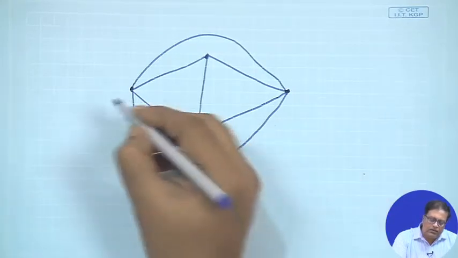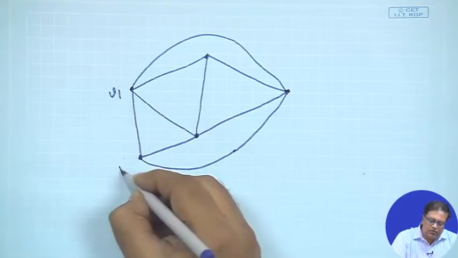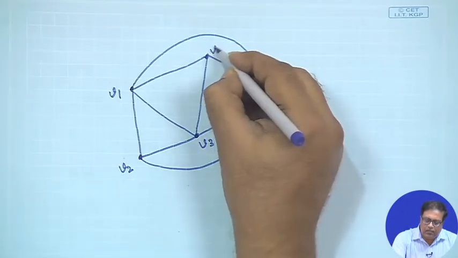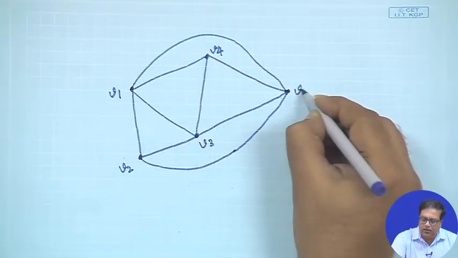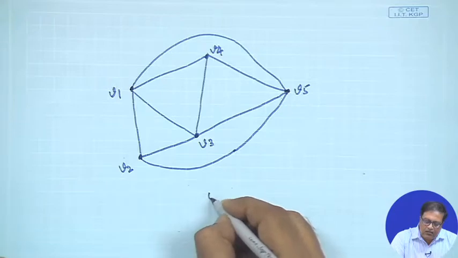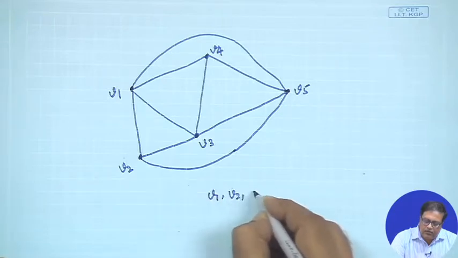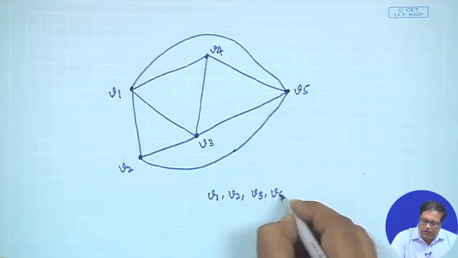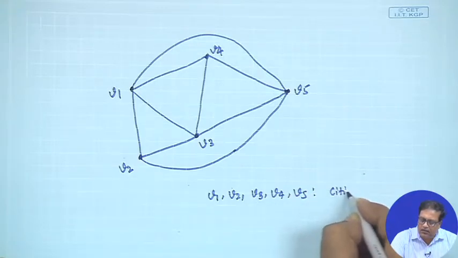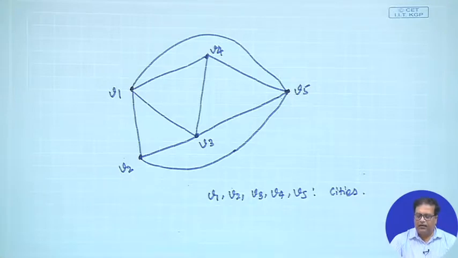So, let us call it a graph. So, V1, V2, V3, V4 and V5. See, assume these are cities, V1, V2, V3, V4 and V5 are cities, and then you want to minimally connect them.